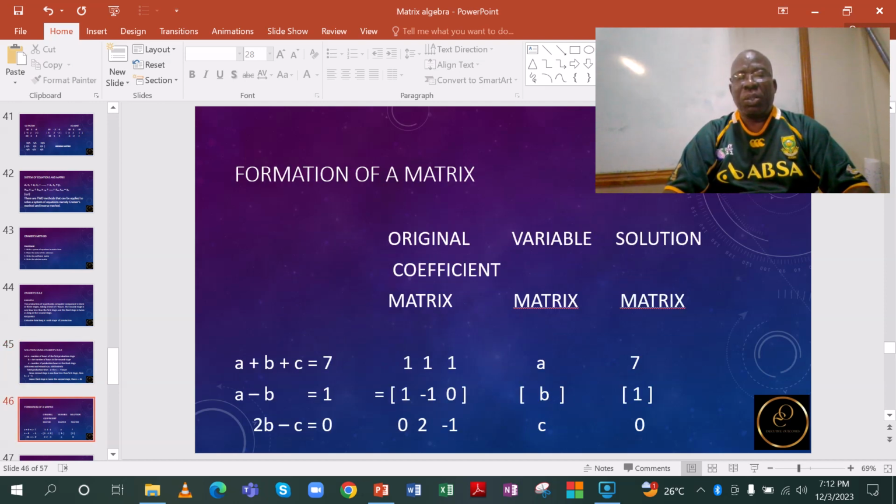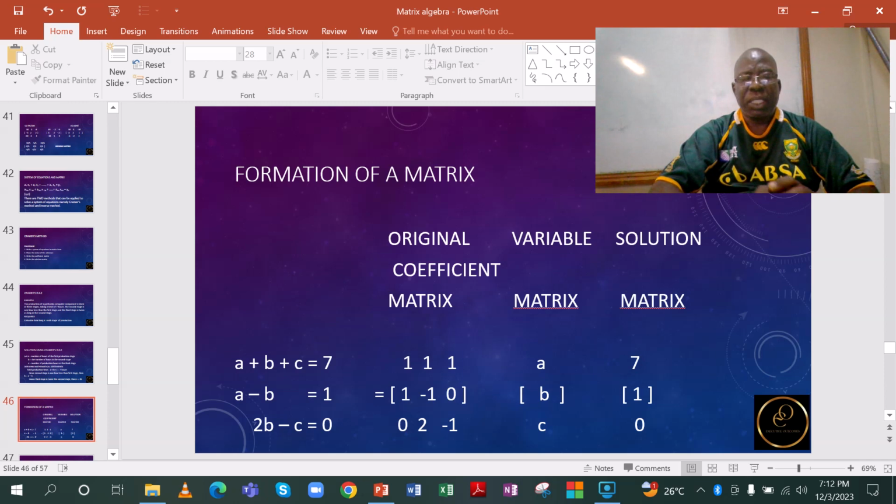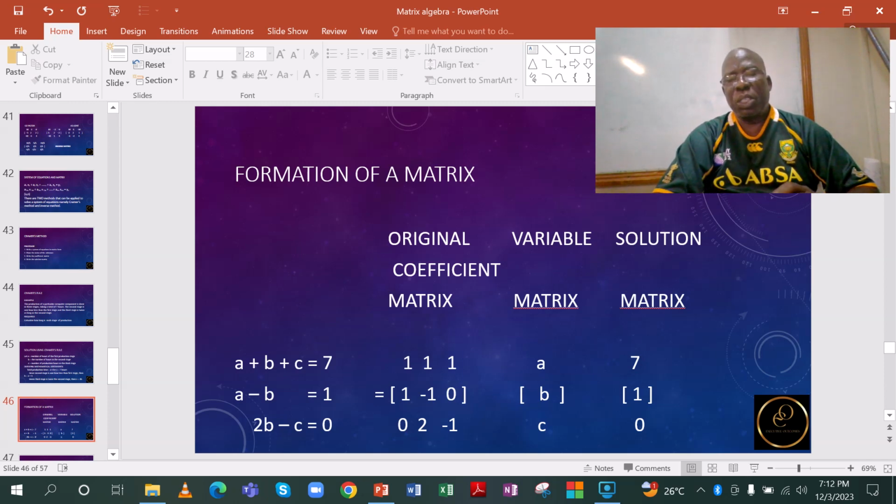Let's continue. Now we can formulate a system where A plus B plus C is equal to 7. Then A minus B is equal to 1, because we know B is equal to A minus 1, so when you rearrange it, you end up with A minus B equal to 1.